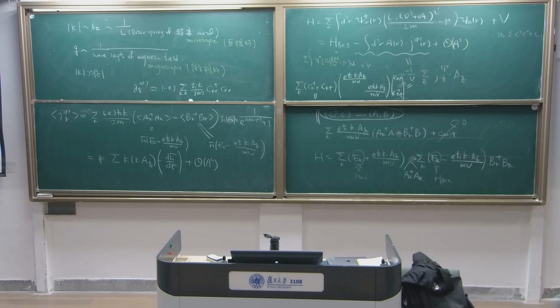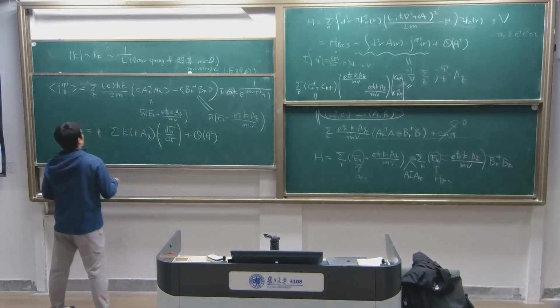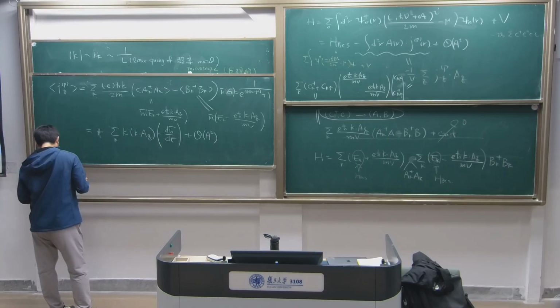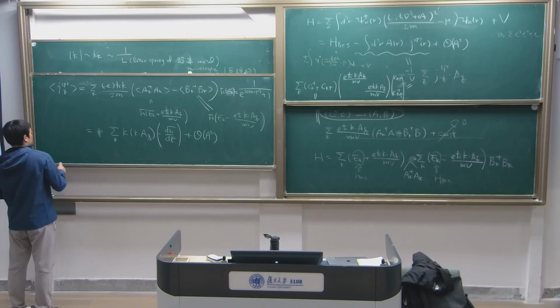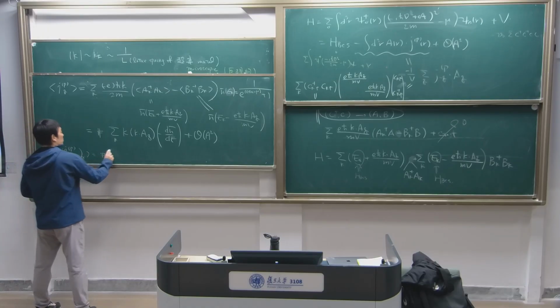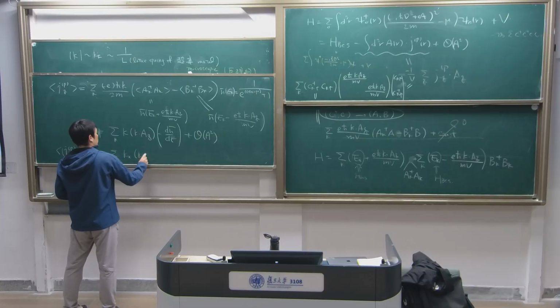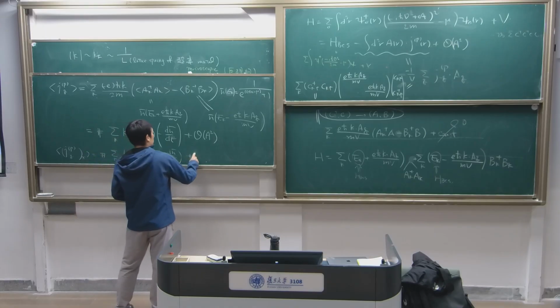And if you look at this sum, and at the x component of this current, it is the x component times k dot A_q minus B, plus the rest.